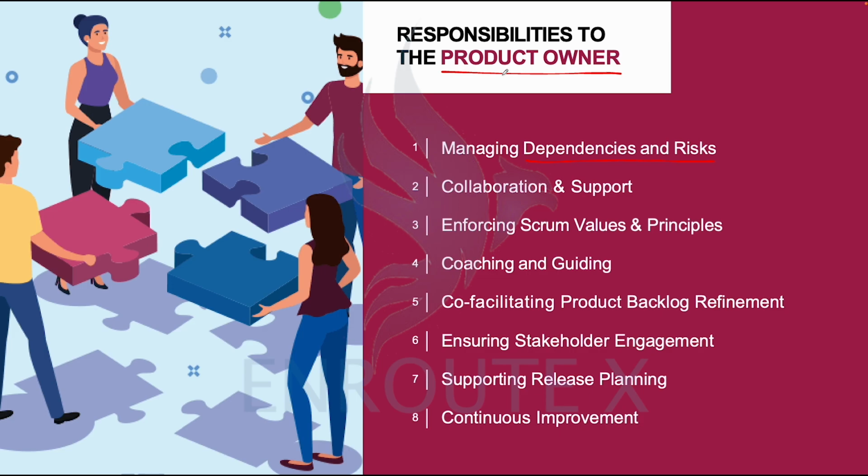So when dependencies and risk, I gave us an acronym earlier which we call RAID, standing for risk, assumptions, impediment, and dependencies. These would affect the delivery of the product owner, the owner of the product, right? So the Scrum Master would be supporting the product owner to ensure that dependencies and risk are taken care of.